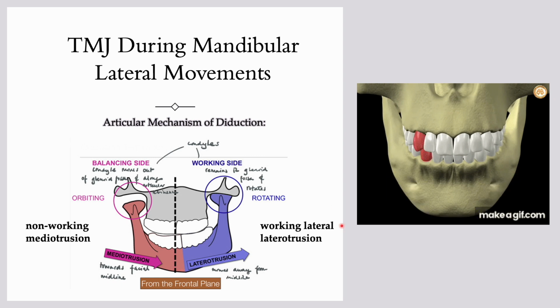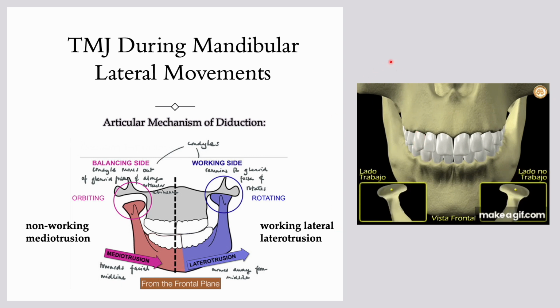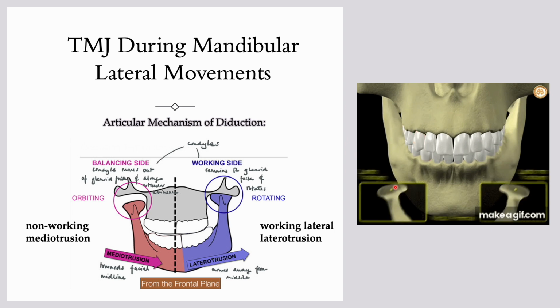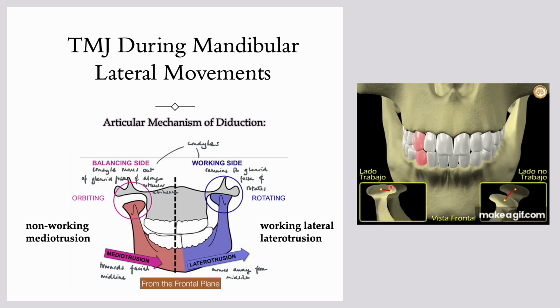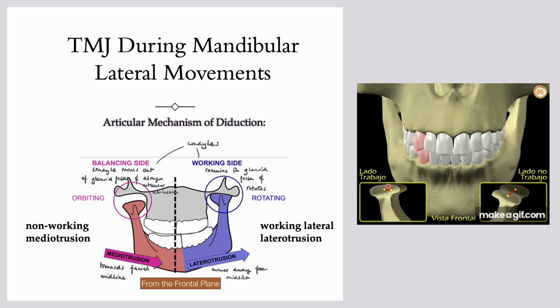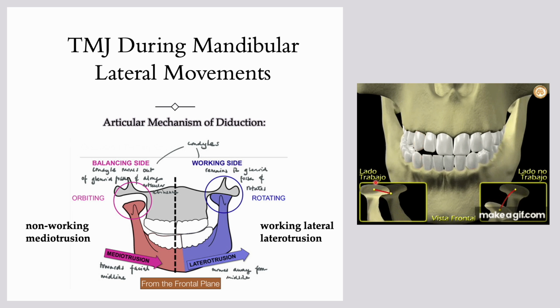What I'm talking about: the pivoting condyle on the working side, in this diagram right here, rotates around its medial pole, with the axis of rotation passing through this point. This rotation is facilitated by a slight lateral condylar movement. During this process, the pivoting condyle also experiences a slight upward, backward, and lateral movement.